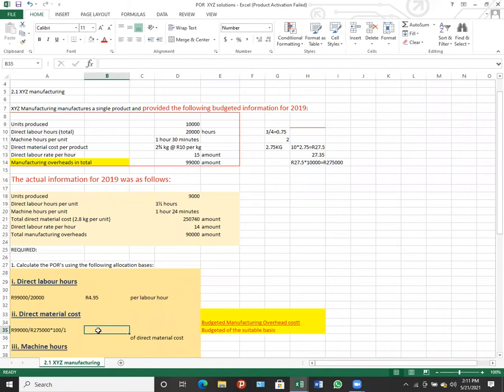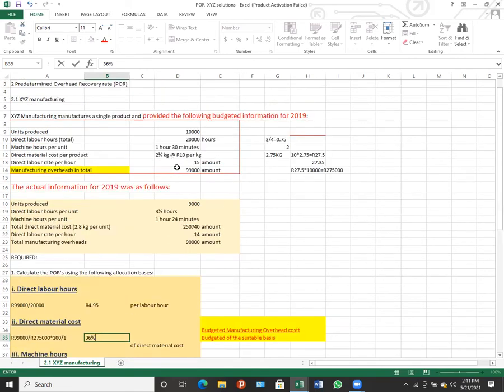Correct. Why is it 36%? Because my budgeted suitable base is cost, and my budgeted manufacturing overhead is cost. That is why now it's a percentage, because my base is cost.